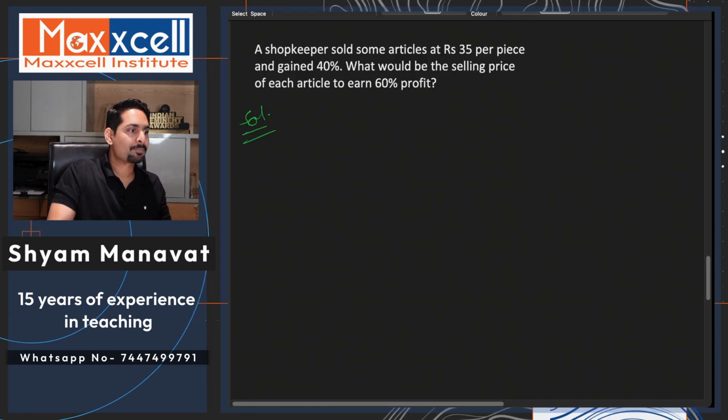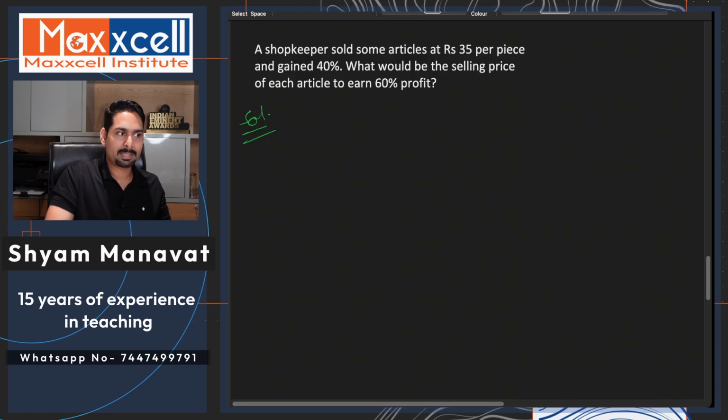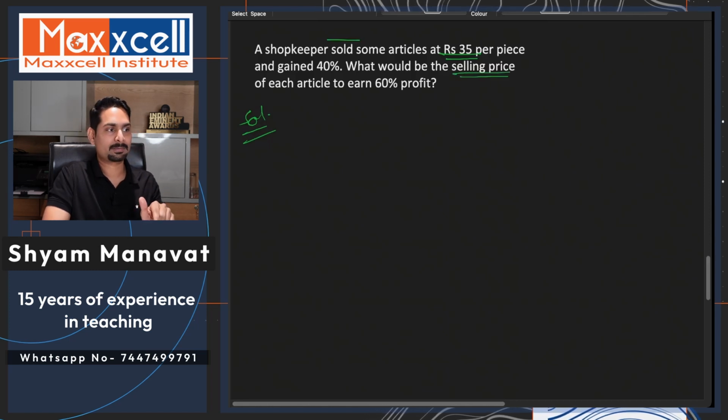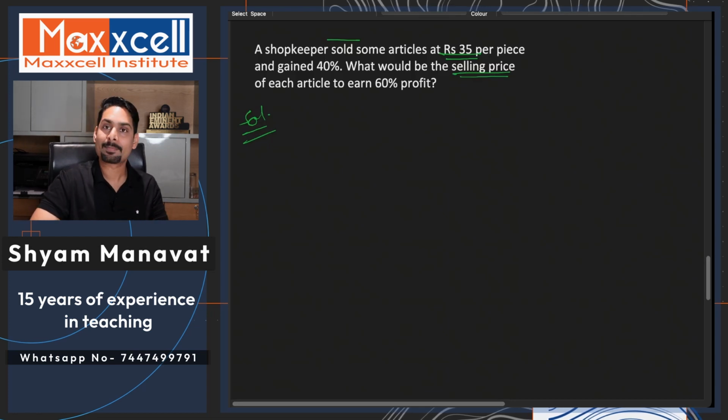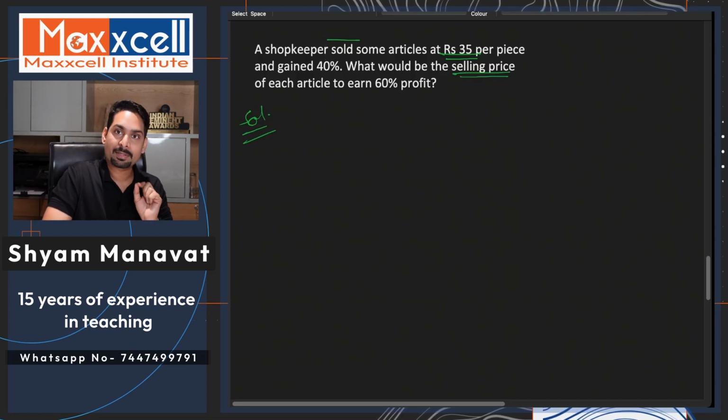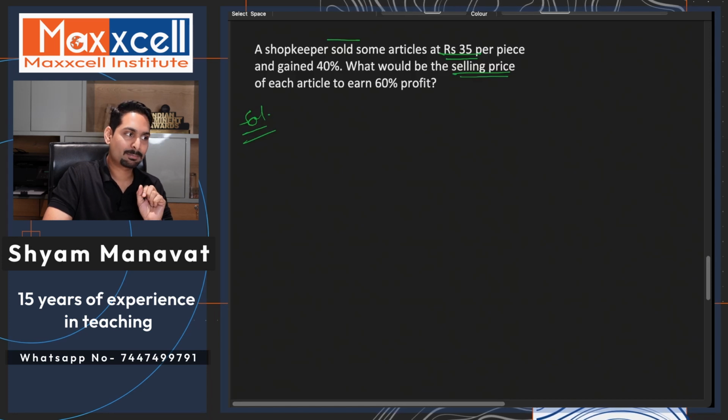Sold an article at 35 rupees per piece. What would be the selling price of each article if 60% profit? Here also selling price. Sold, that means this should also be selling price. Selling, again, that should also be selling price. You need to understand 35 rupees is the selling price with 40% profit.